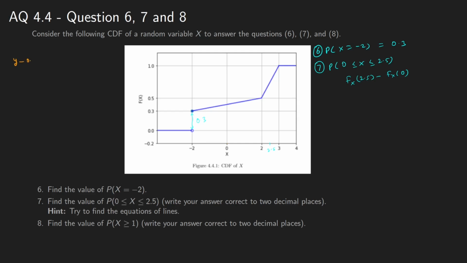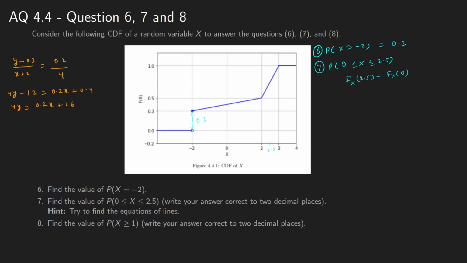So we can find the equation of the first line as (y minus 0.3) divided by (x plus 2) is equal to 0.2 divided by 4. So it is 4y minus 1.2 equals 0.2x plus 0.4. So it will be 4y equals 0.2x plus 1.6.